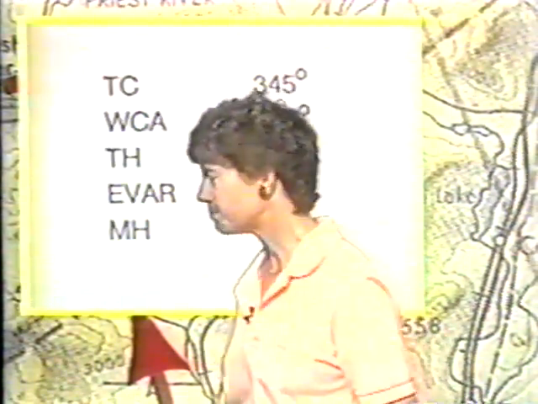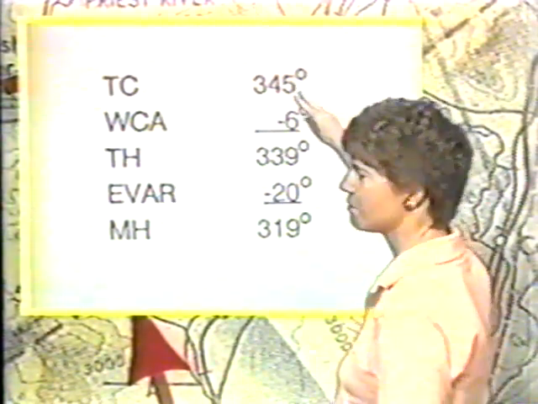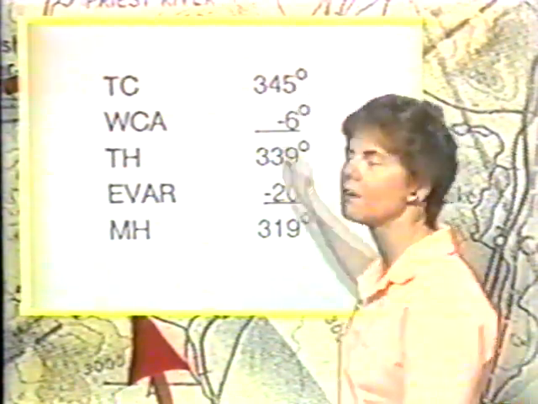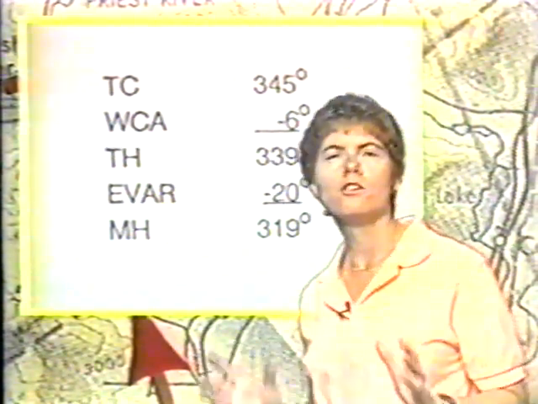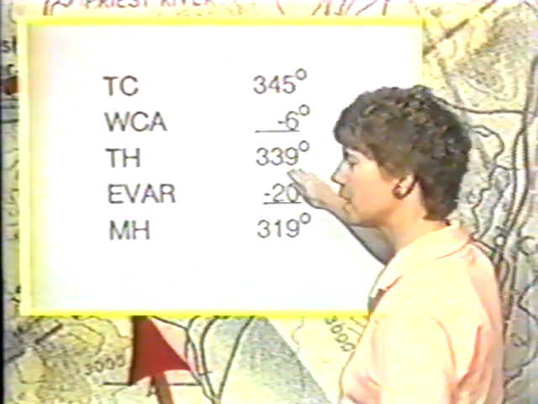So let's recap how we got to our magnetic heading. We started with a true course of 345 degrees, our path of flight over the ground, measured on the chart using the line, in this case, of latitude. We worked a wind problem and found out that we had a 6-degree left wind correction angle. Left wind correction angle we subtract to get a true heading of 339 degrees.